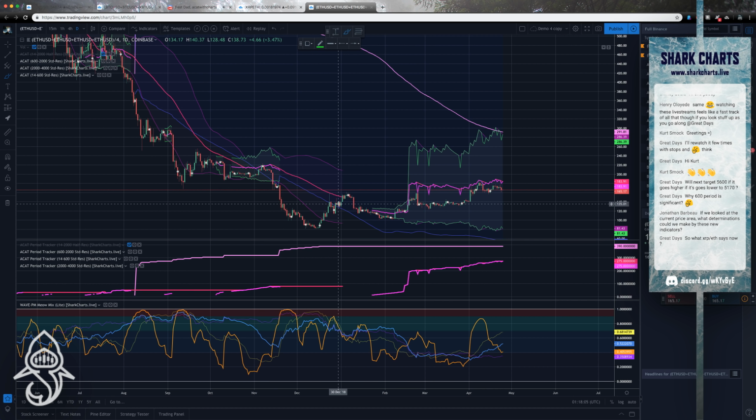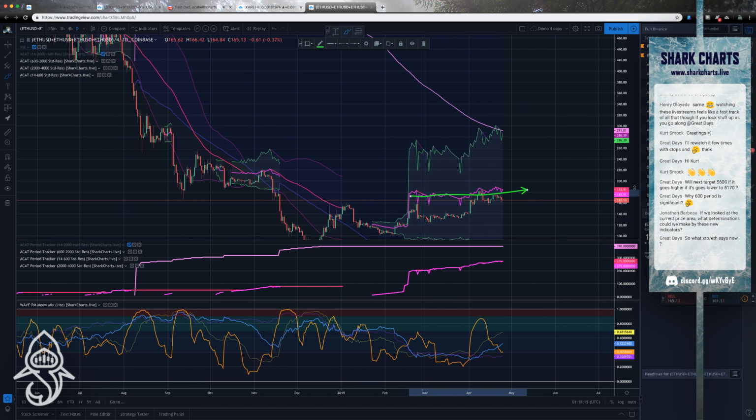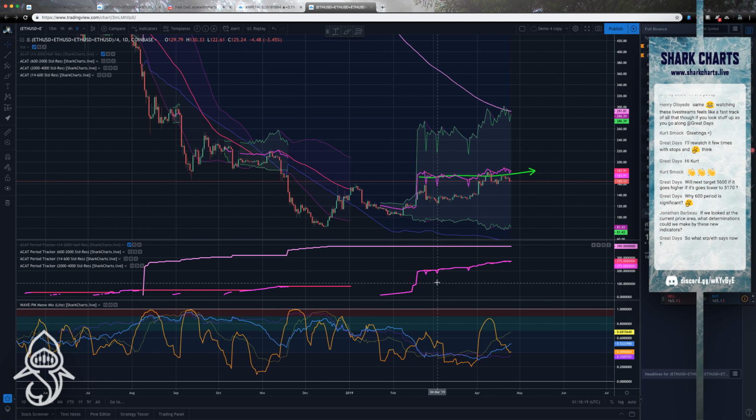I am pretty sure a lot of the viewers are wondering why this pink line just happens to provide such strong resistance. Well, it is the center of the distribution that represents the largest amount of compression.